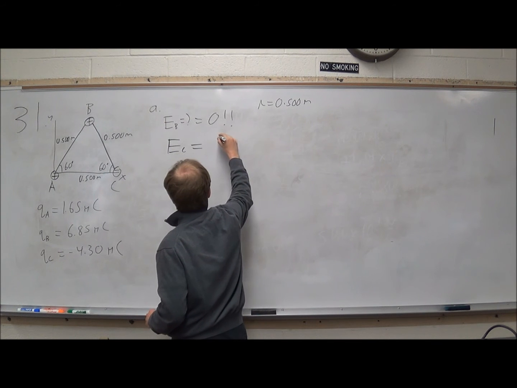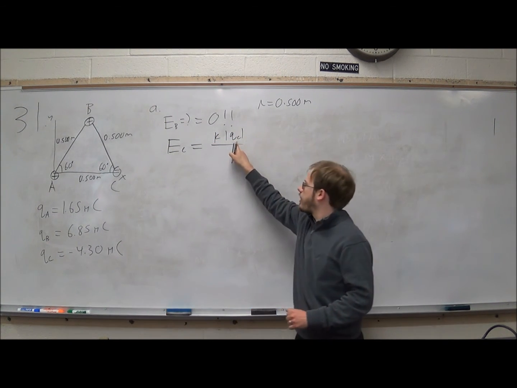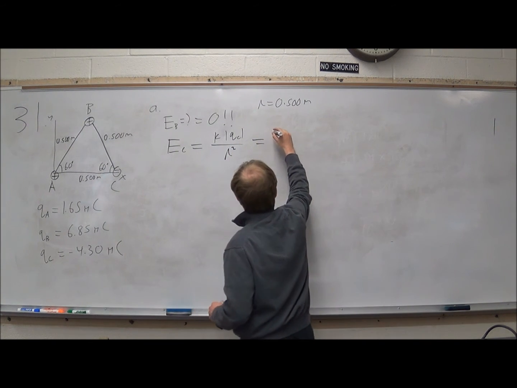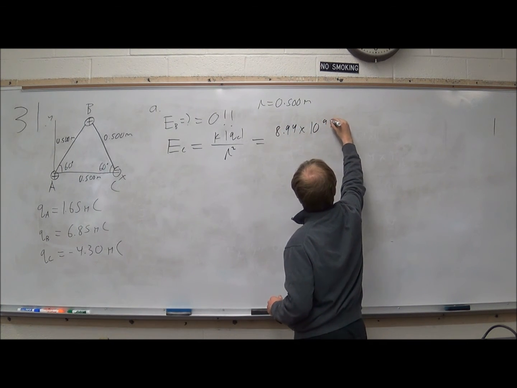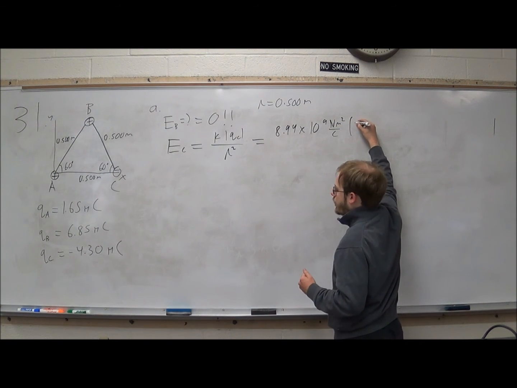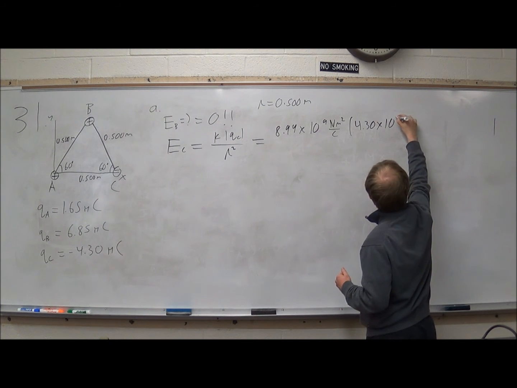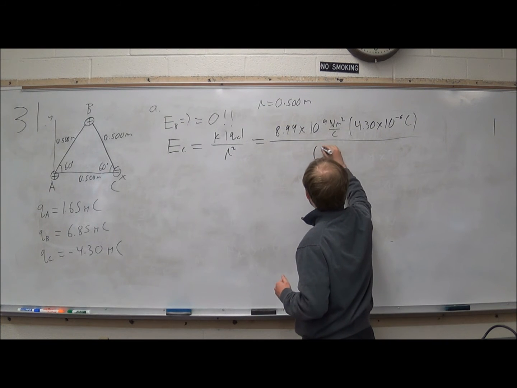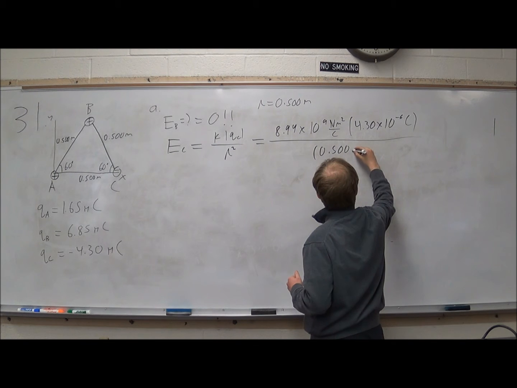The magnitude of the electric field from C will be k, absolute value of Q_C, over r squared. Again, this is a magnitude, so we have absolute value symbols. 8.99 times 10 to the 9 newton meters squared per coulomb squared, and this is an absolute value, so this will be 4.30 times 10 to the negative 6 coulombs, divided by r squared, 0.500 meters squared.